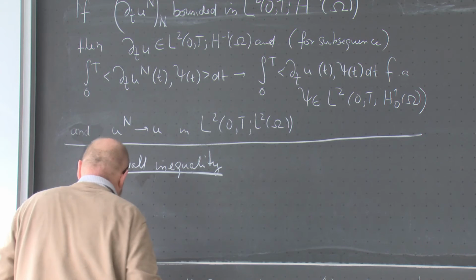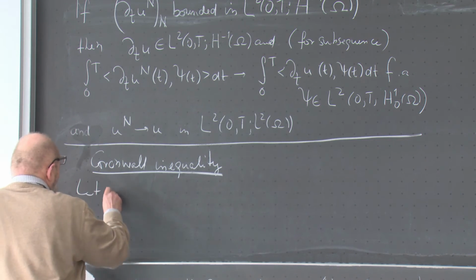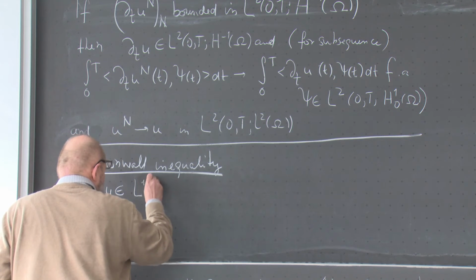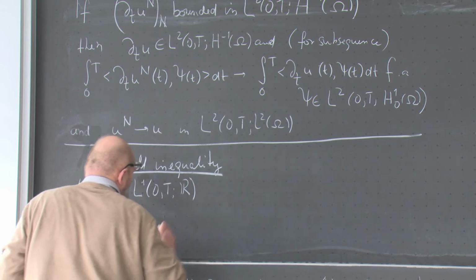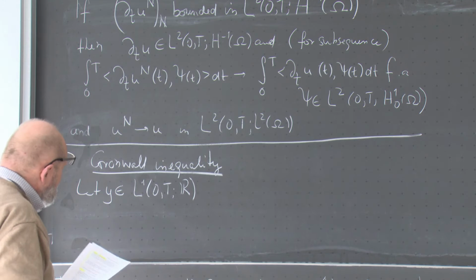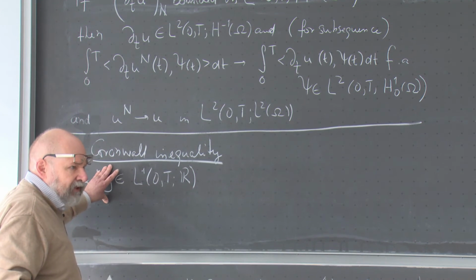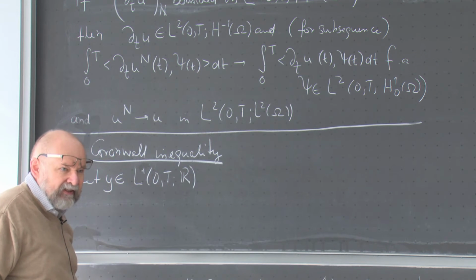Let's say we have a function y, just very simple, an integrable function. And let's assume this is the function we would like to estimate. That's a norm of something. Therefore, it has real values.